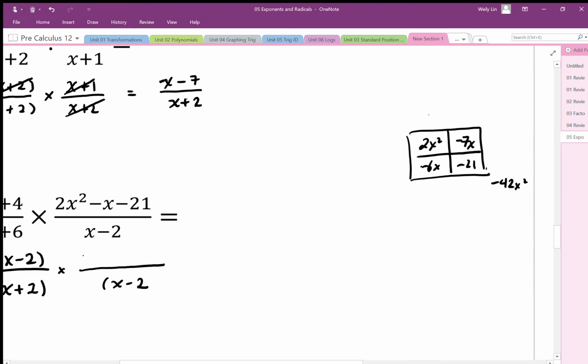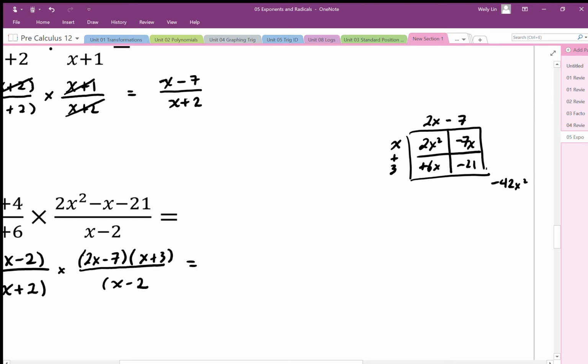So when I factor this, I get 2x minus 7, and x, looks like plus 3. So it's going to be plus 6x, right? Just double checking. Yeah, that looks right. So then my factors in the numerator here are going to be 2x minus 7 and an x plus 3 factor.